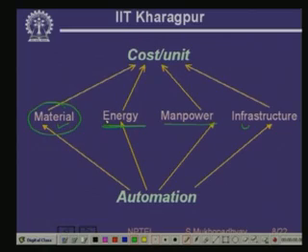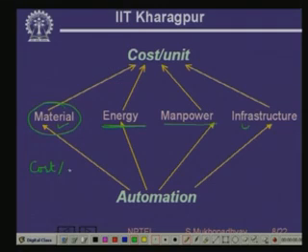And finally infrastructure costs come down because using automation you can produce a much larger number of units in a given time during the time that your infrastructure is going to be used.